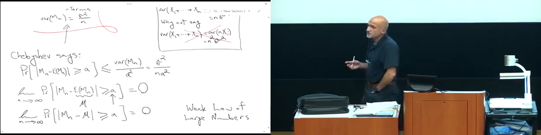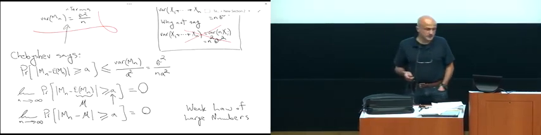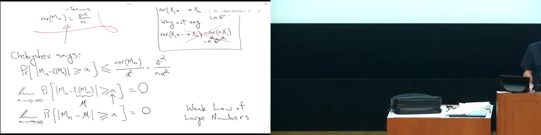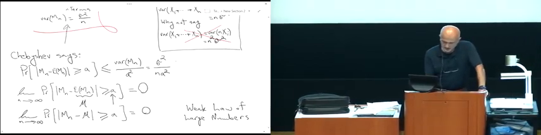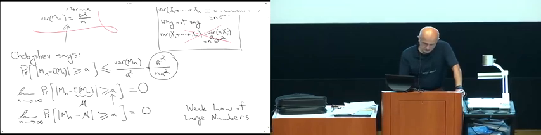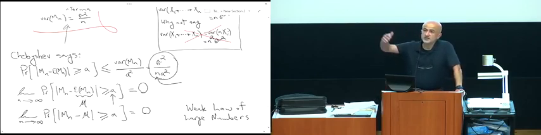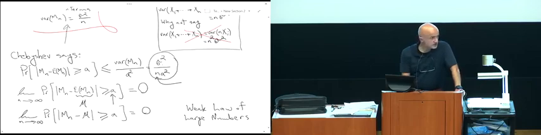The interpretation is more important than anything else. We found, using Chebyshev's inequality, an expression on the right-hand side that is inversely proportional to n, which means that as I increase n, sigma squared is fixed, A squared is fixed.